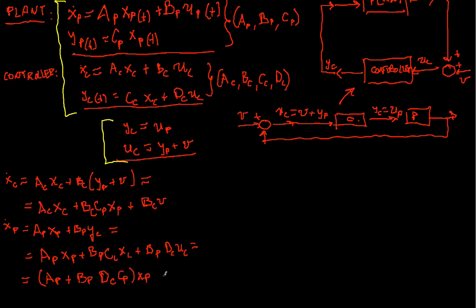XP plus BP CC XC, and we have plus BP DC V. Okay, such that combined dynamics of the controller state and plant state can be written nicely in the state space form as follows.